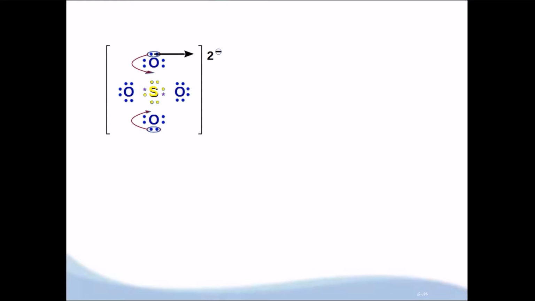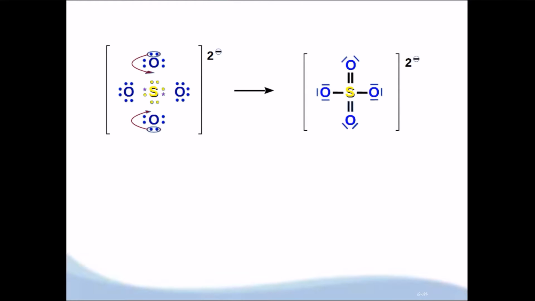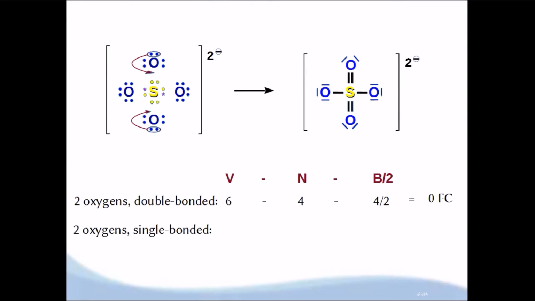Drawing lines for the bonding and non-bonding electron pairs, we obtain this structure with 2 double and 2 single bonds. Calculating formal charges gives us the following results. For the 2 oxygens, which are double bonded, we obtain a clear 0.